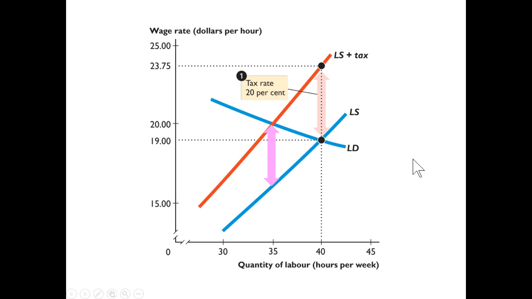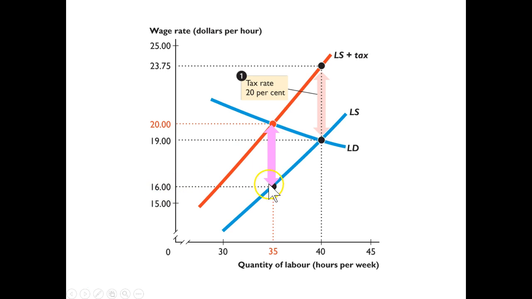And as a result of that, we can see we'll shift to a new equilibrium wage here of $20 that is paid by the employers, and the wage after tax that workers actually receive. It's the after-tax salary or wage rate, $16.